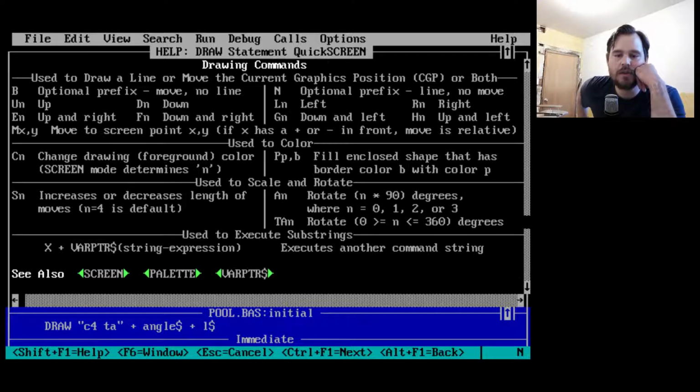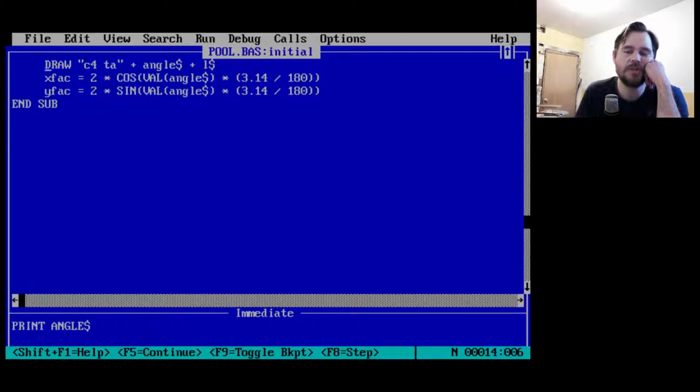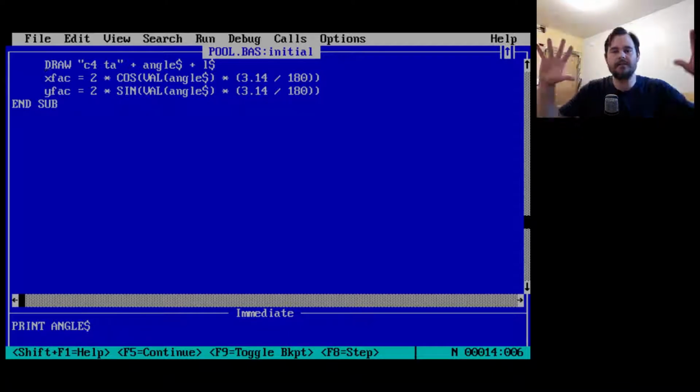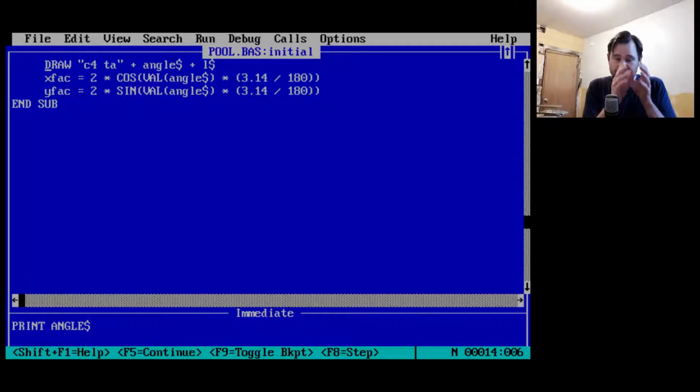Okay, so when we rotate something, yeah, that's curious. We rotate the coordinate system of the draw command. So what that means is regularly you go right 20, it goes immediately, visibly to the right 20 pixels.